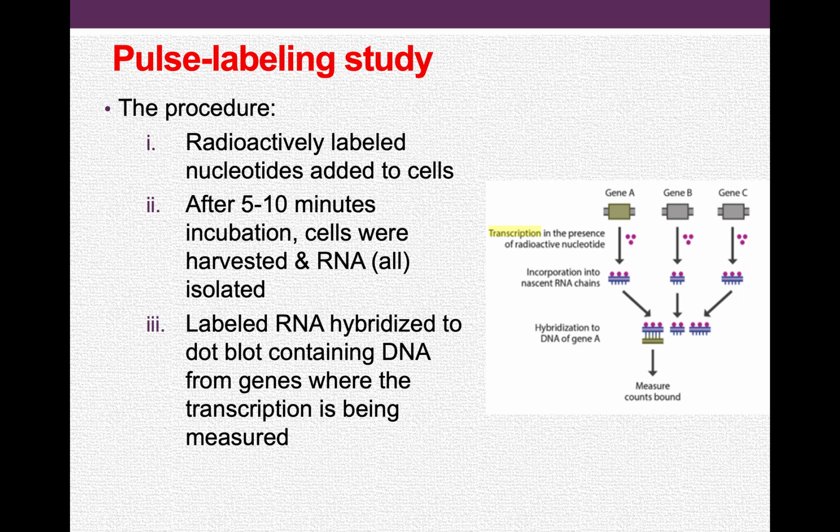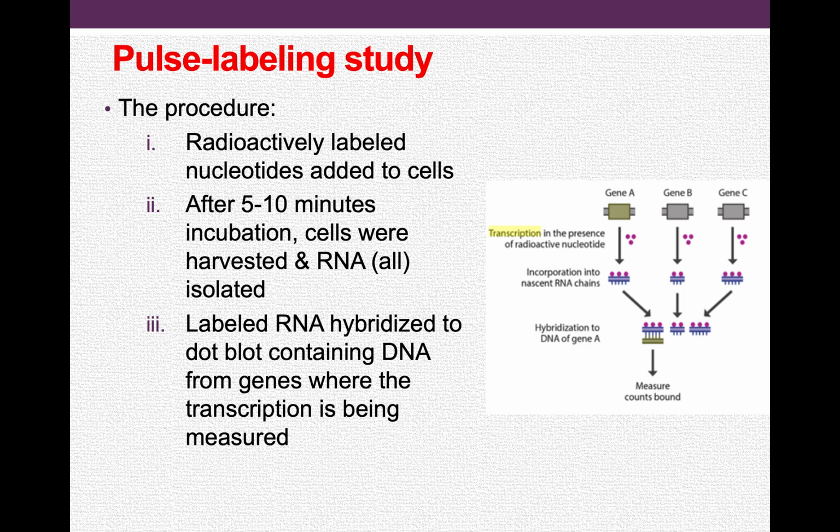Once nucleotides have been labeled to the cells after about 5 to 10 minutes of incubation, usually at the growth temperature of the bacteria, either 37, 30 or 40, depending on the condition, the cells will be harvested and all of the RNA isolated.